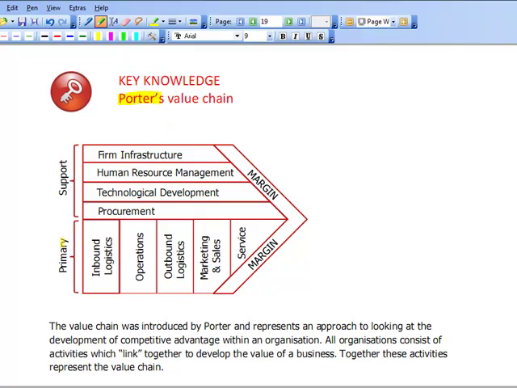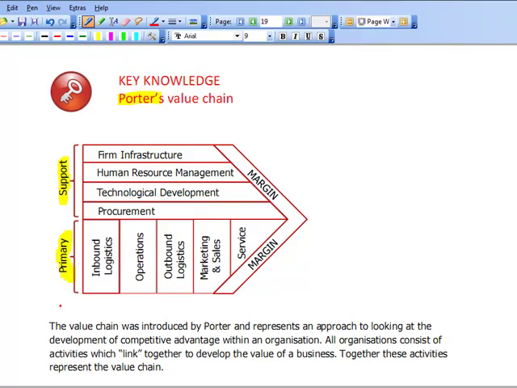It's divided into primary activities, which are related with production, and support activities at the top, which provide the background for the effectiveness of the organization.